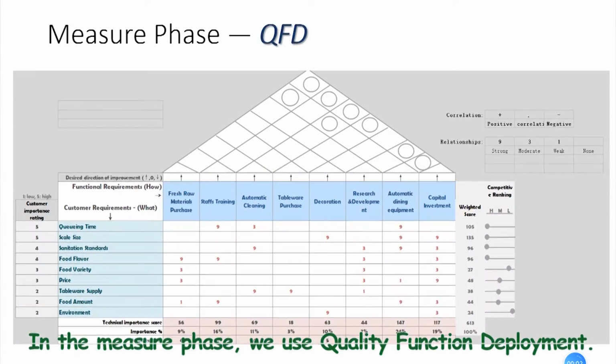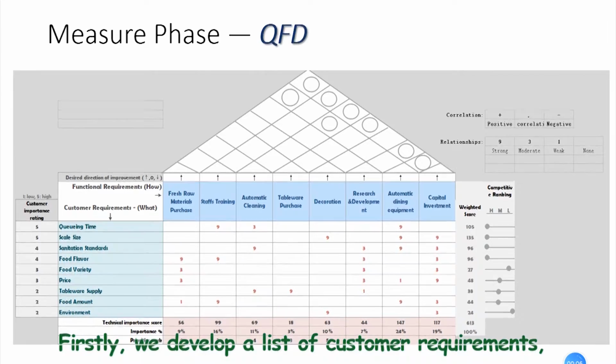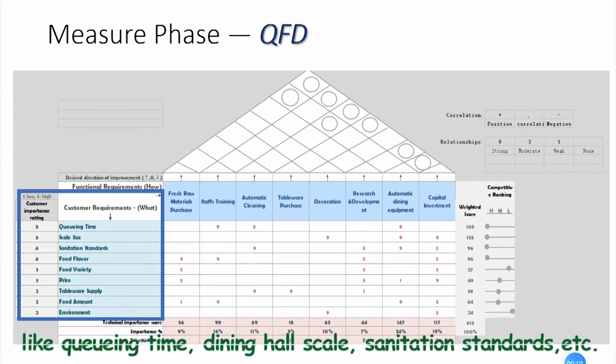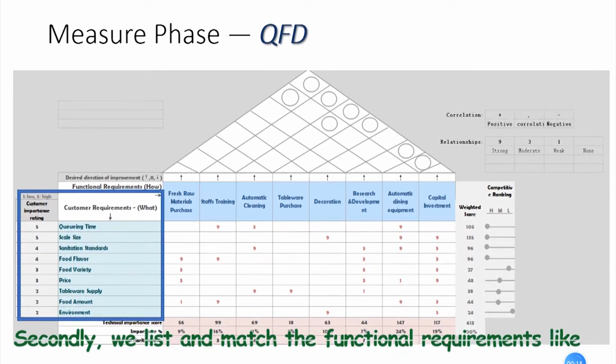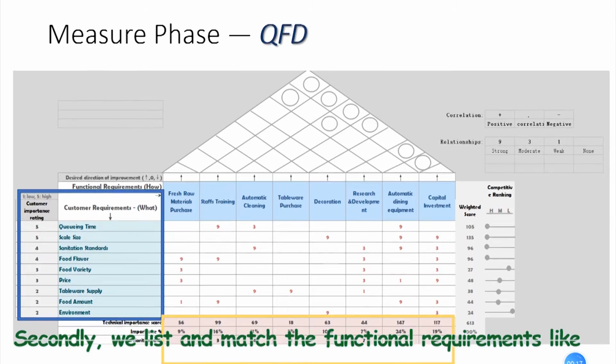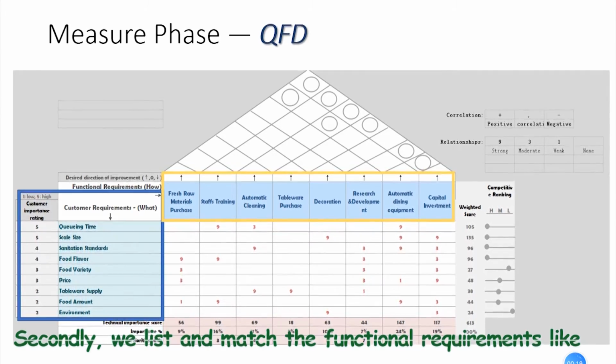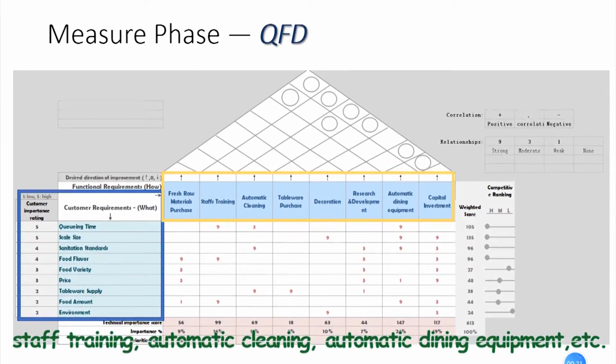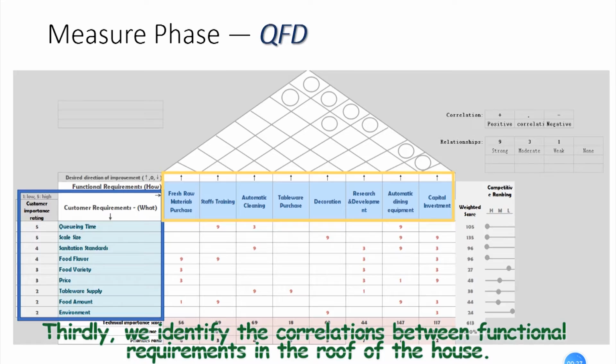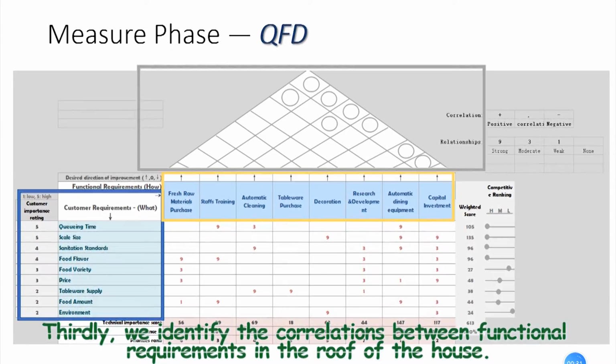In the measure phase, we use quality function deployment. Firstly, we develop a list of customer requirements like queuing time, dining hall scale, sanitation standards, etc. Secondly, we list and match the functional requirements like staff training, automatic cleaning, automatic dining equipment, etc. Thirdly, we identify the correlations between functional requirements, the roof of the house.